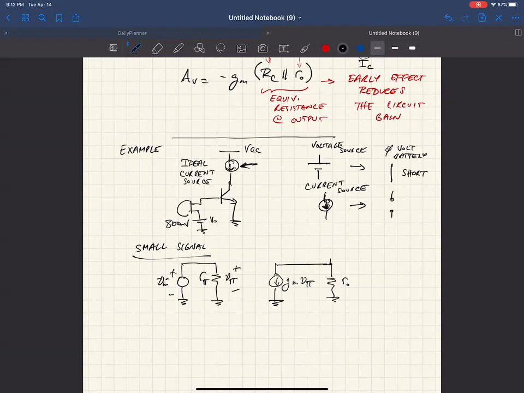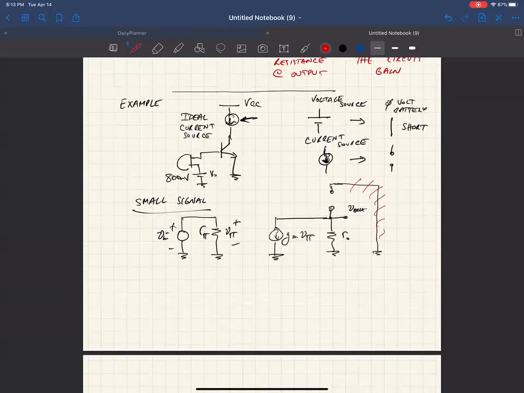So the current source model in the small signal ends up being an open circuit to ground, which means, because this is open, it just sort of goes away. We don't have to worry about it. So basically what happens in this case is your gain just ends up having this component as the resistance, which is the output resistance caused by the early voltage effects.